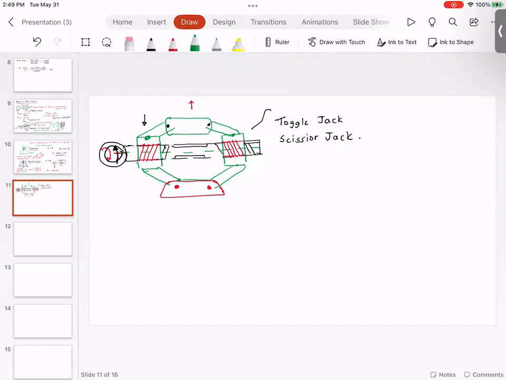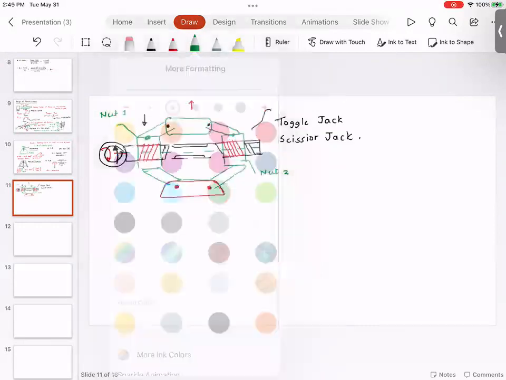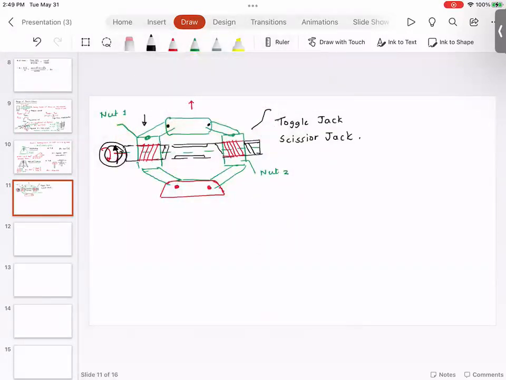So there is one nut here. There is another nut here. There are going to be hinges. And there is going to be the base. And this is how the toggle jack is designed.